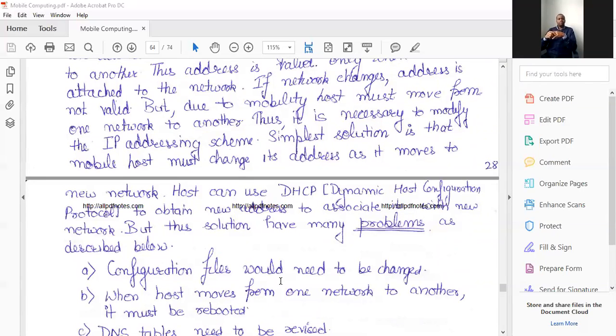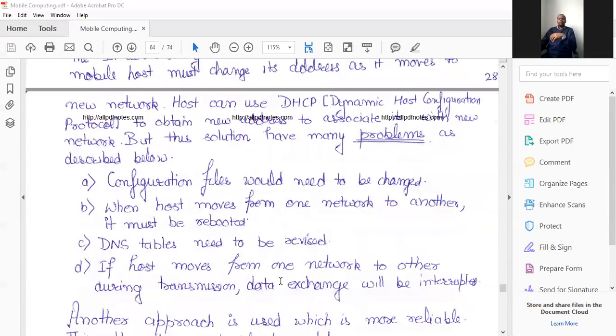So mobile IP is all those standards, rules and guidelines that guide how communication happens on the go as the user is using a mobile device.